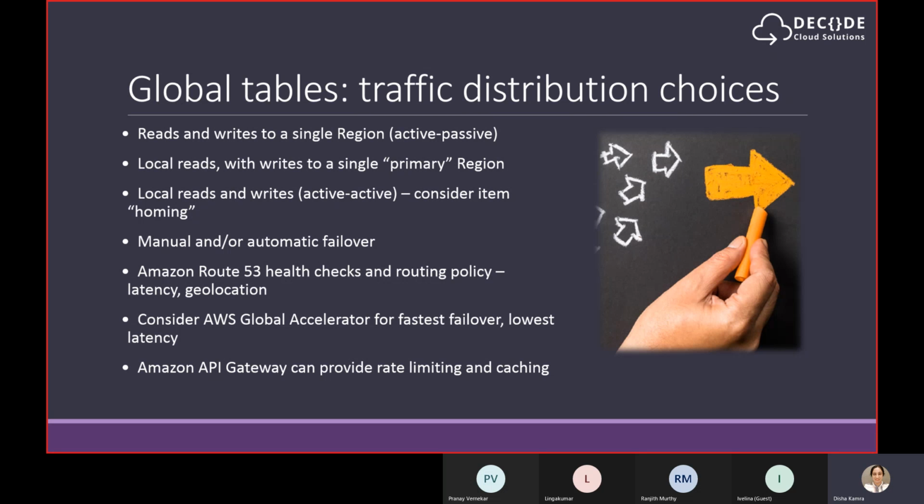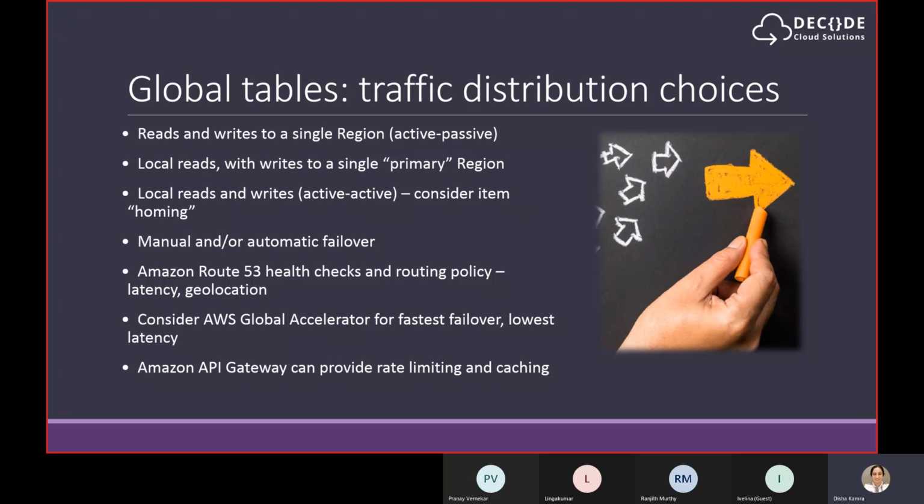A customer may choose to run all reads and writes in a single region, in an active-passive configuration, which gives them the option to scale out the application in a standby region when required. This is the simplest approach for business continuity and disaster recovery, and it is easy to reason about matters of data integrity.